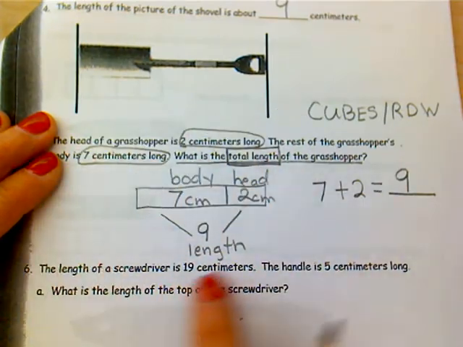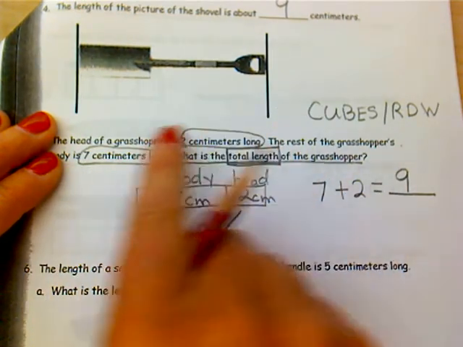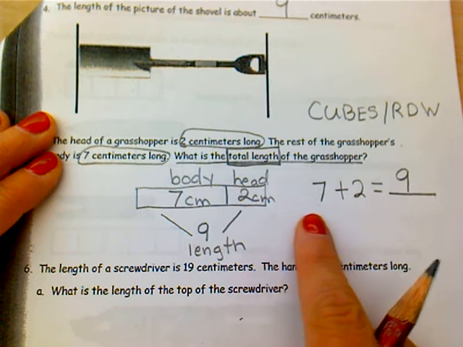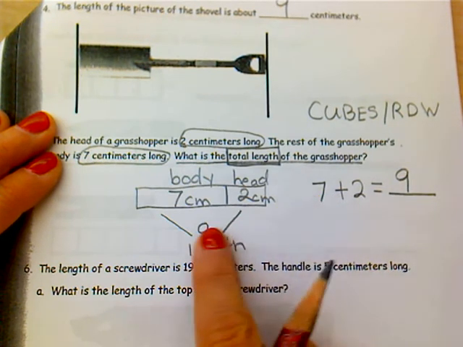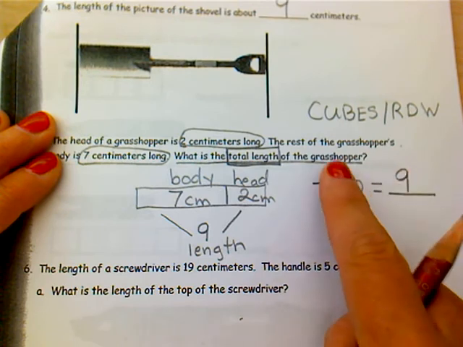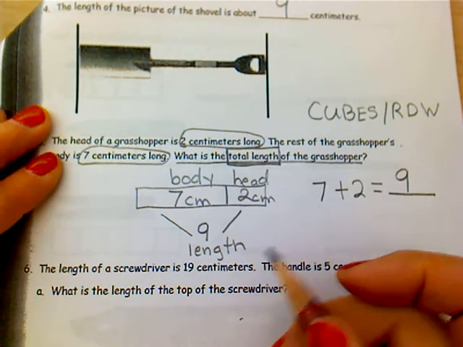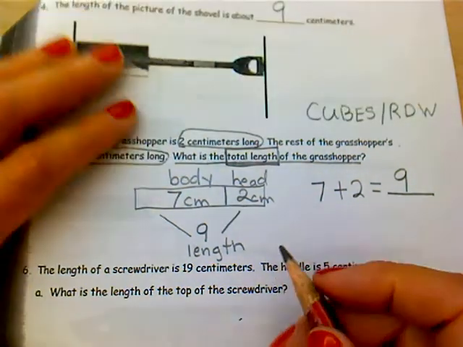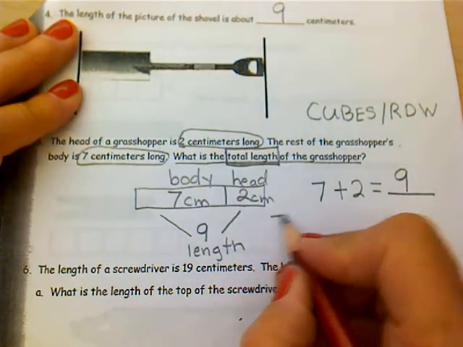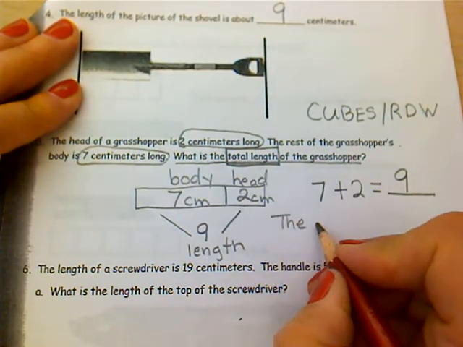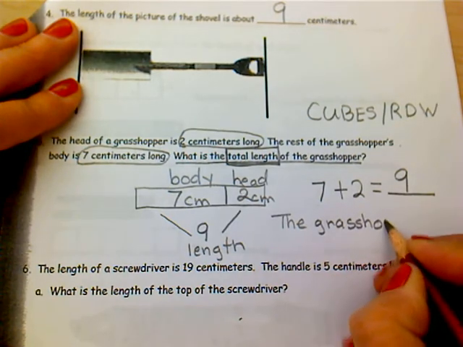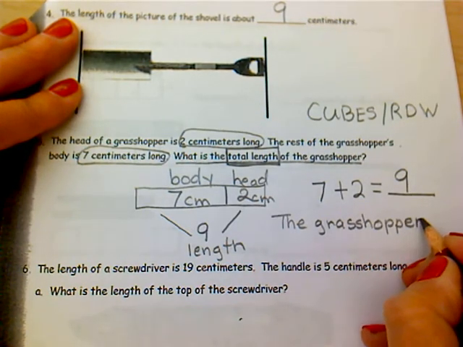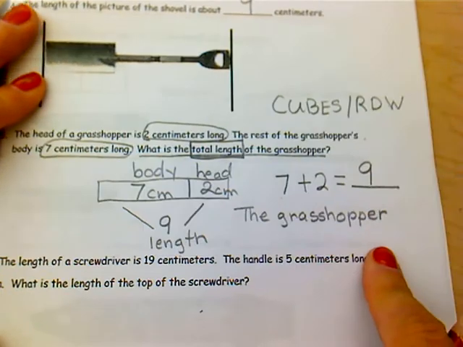So I have read the story problem, I have drawn it out, and then I am showing it in an equation. That's the same part as the drawing, so I'm setting this up to solve it. And my number sentence when I write would be the grasshopper. This is an important part. If you're not doing this part, I noticed yesterday on the test for the students that were in face-to-face, they were having a hard time with this part.